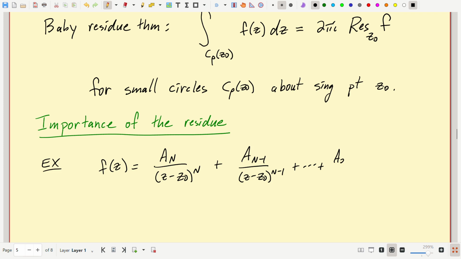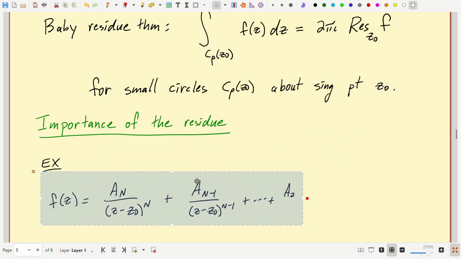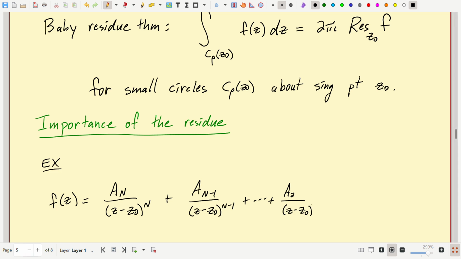I have an a2 over z minus z naught squared. And then the residue term, a1 over z minus z naught.